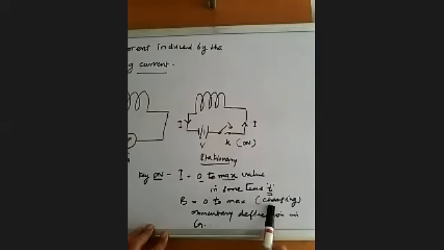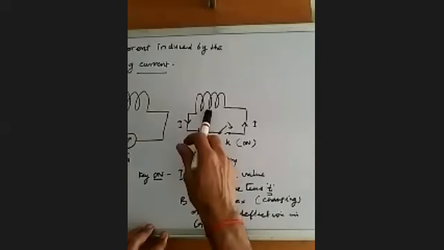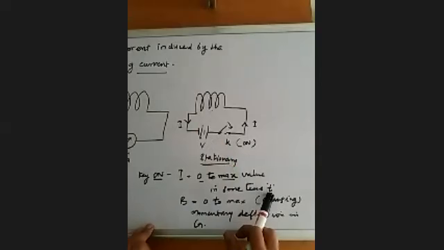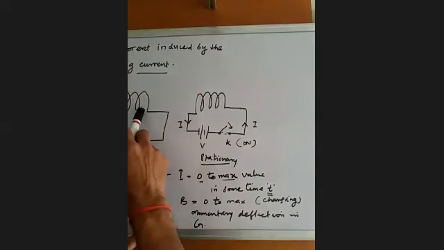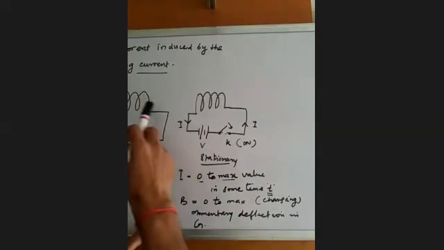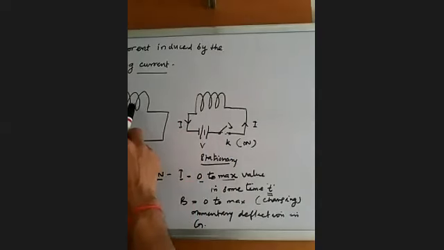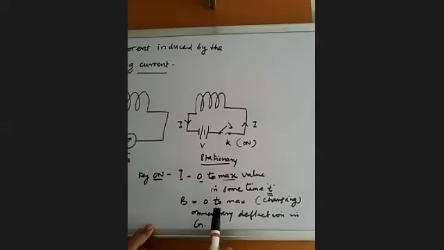That is, the magnetic field changes for this small time interval. The same changes appear here also, because the coils are close to each other, so the magnetic field linked with this coil also changes for this momentary period of time.